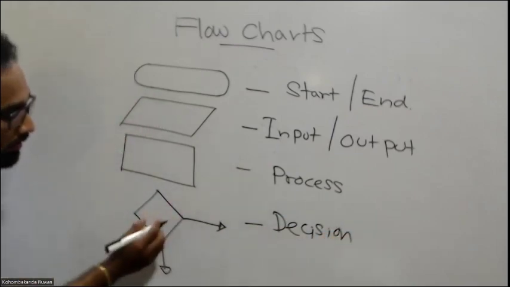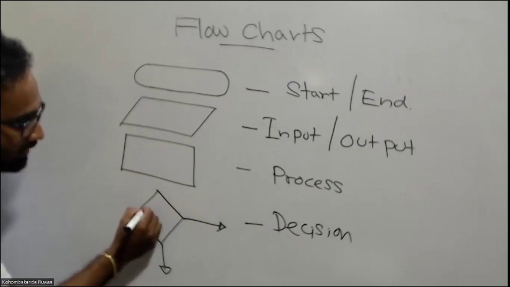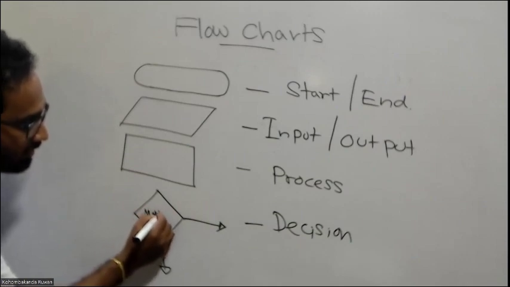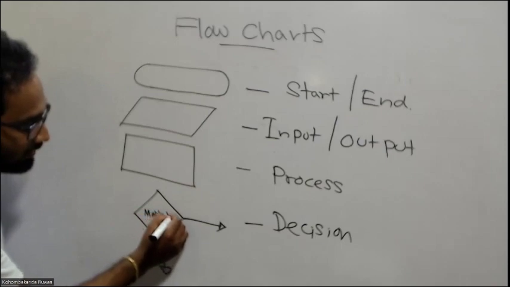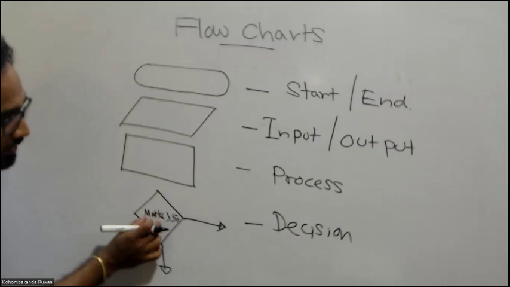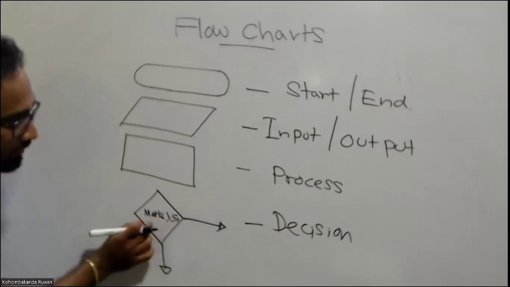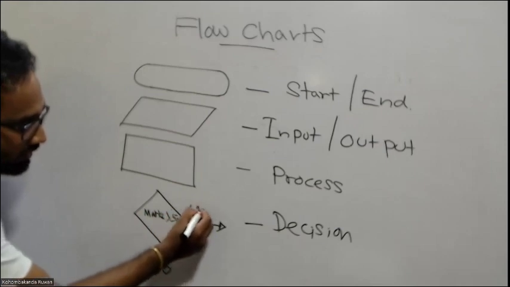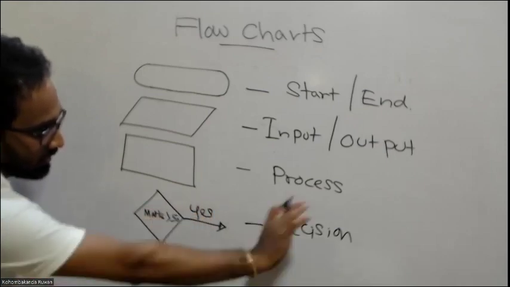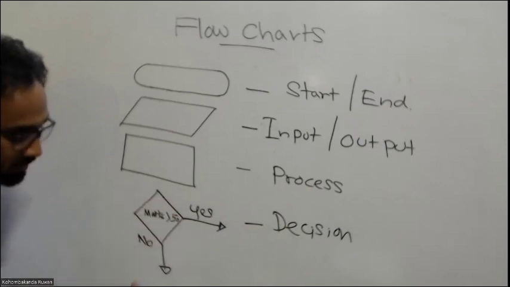Let's say, for example, marks greater than 50. Can you remember this example? If marks are greater than 50, if yes, then this direction; if no, this direction.